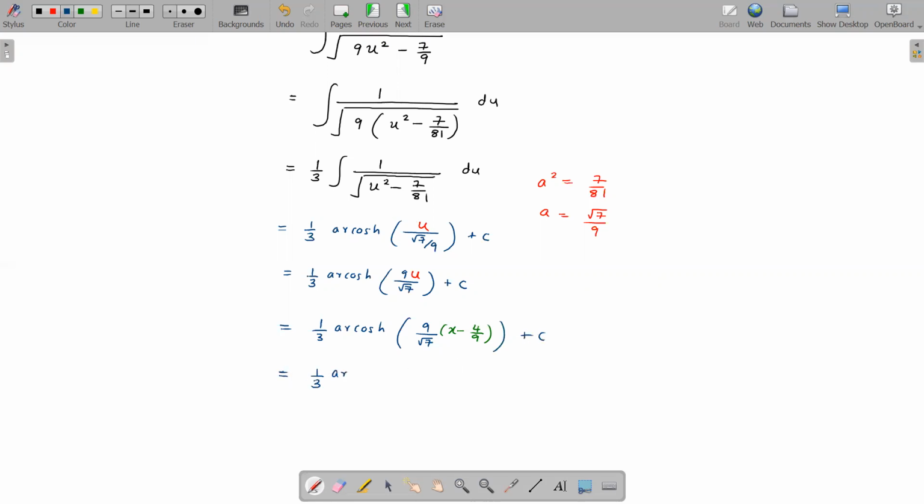So 1 over 3 r cos 9x over root 7 minus 4 over root 7, right? Do you see? Okay. Yeah, so I think I can make it a little bit better by writing it under a common 9x minus 4 over root 7 plus c. Is this okay?